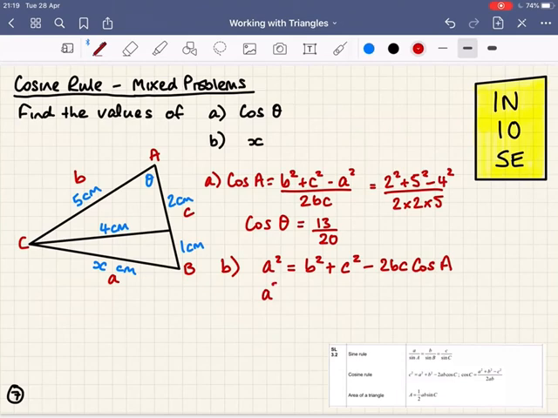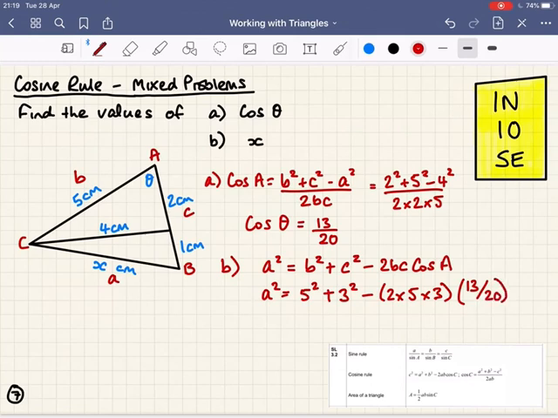So a squared equals 5 squared plus, side C is 2 plus 1, 3 centimetres, 5 squared plus 3 squared minus 2 times 5 times 3 times cos A, or cos theta. Well, we worked that out in the previous question. That's why I only asked for the value of cos theta, which is 13 over 20.